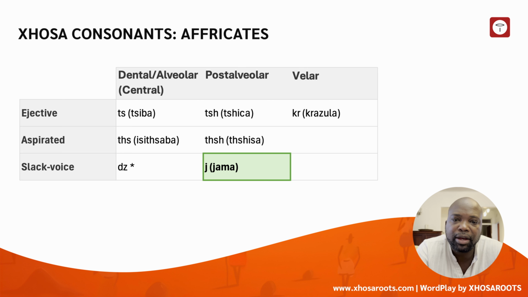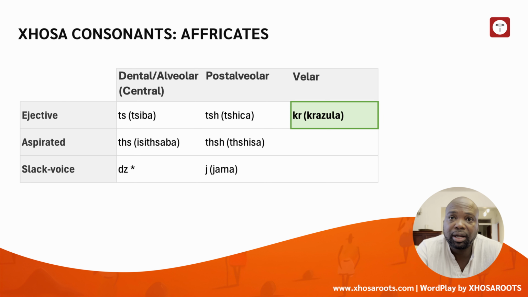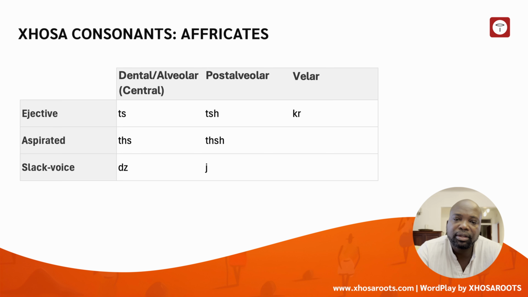And then we have the velaric affricate, which only has the ejective version. Qa. So those are the affricate consonants in the Xhosa language.